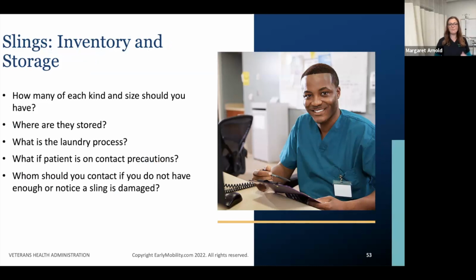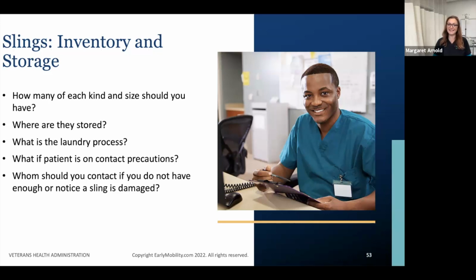Inventory and storage. How many of each kind of sling should you have? You must know how many patients you have that need assistance with certain care activities on your unit. Where are your slings stored? What's the laundry process? What if your patient is on contact precautions?